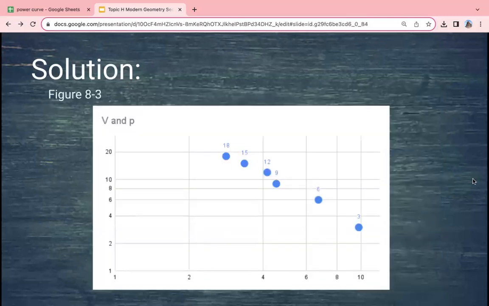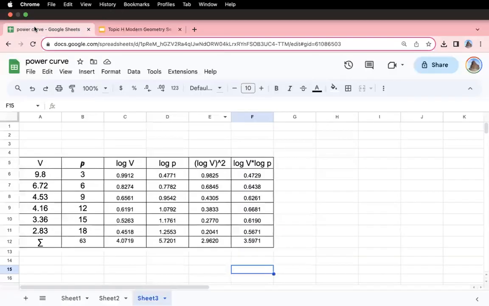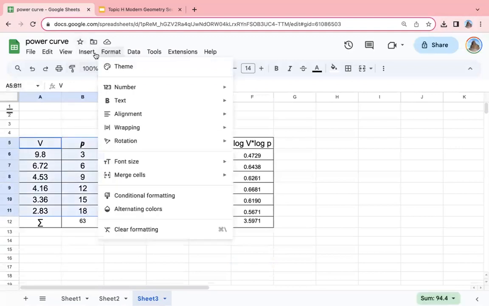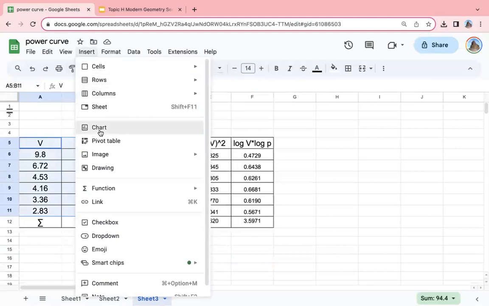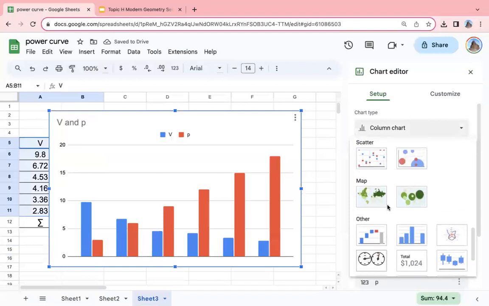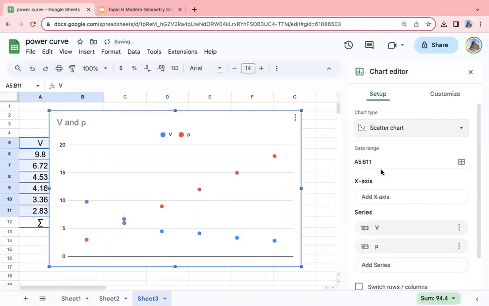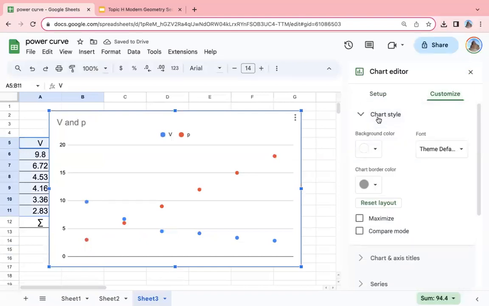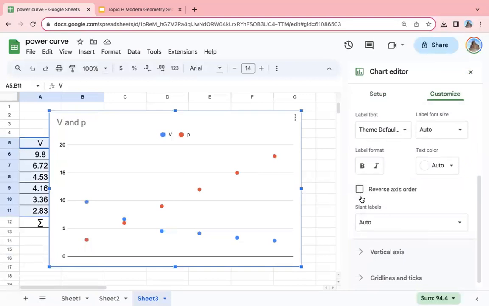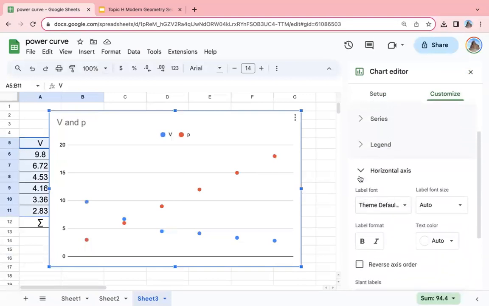After that, we have to graph. How to graph it? Easy. Again, highlight the values here, and then go to chart. I go to scatter plots, customize, chart style, horizontal axis.